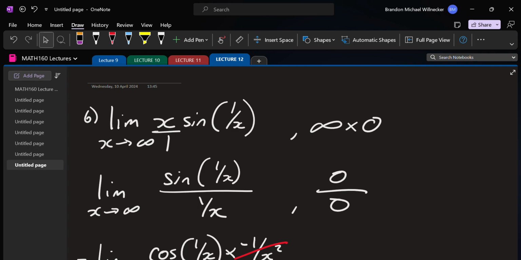Then the quiz on Tuesday will be on implicit differentiation, finding derivatives of inverse functions, and this L'Hopital's rule stuff, up to what we did today. This new indeterminate form stuff will come out as well.